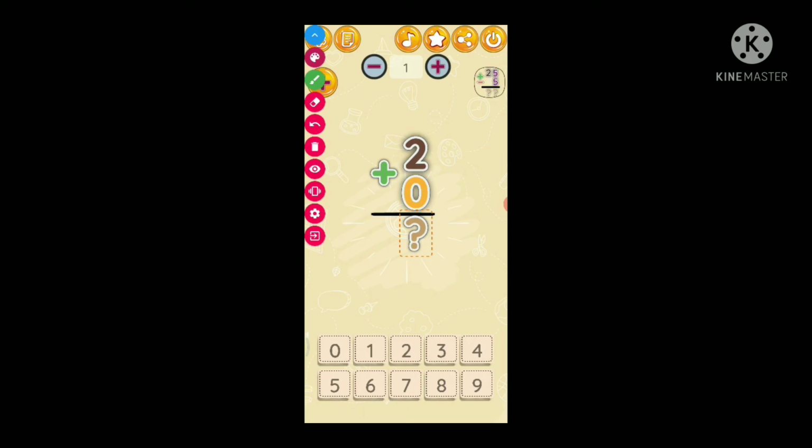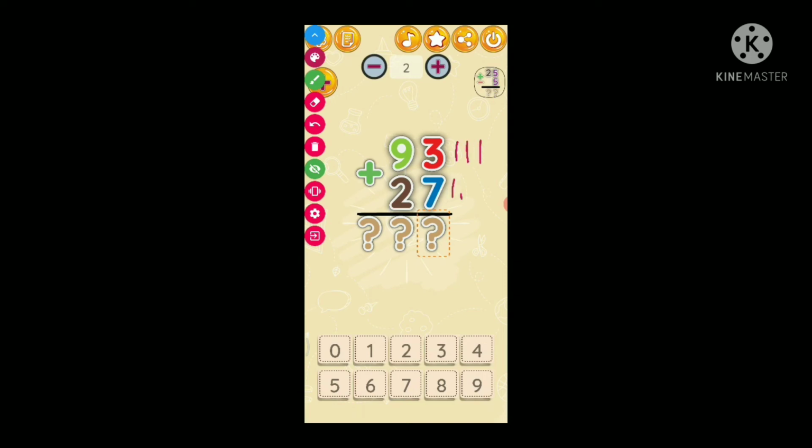Now let's see this one. So ones place digit, we will add this one first, then the tens place, right? So now see, 3 lines are there, and here 7 lines. 1 2 3 4, okay, 5 6 7.